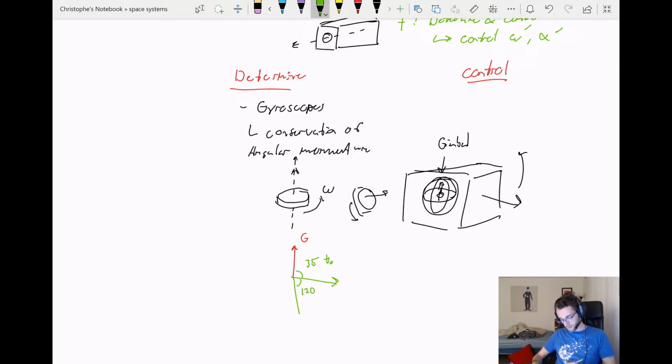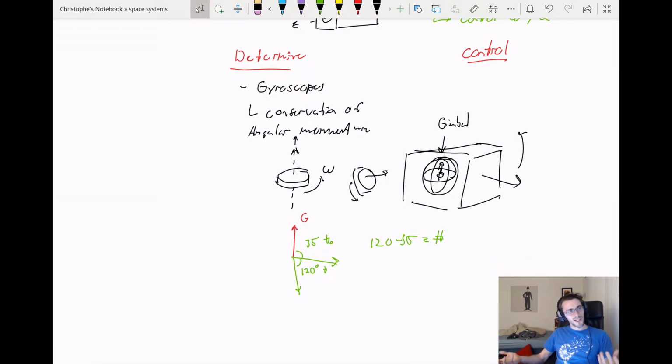I know these aren't 35 and 120 degrees, but just bear with me. That means we changed our attitude a little bit, and we know exactly by how much. We do 120 minus 35 gives us a number, because I don't want to do math today.